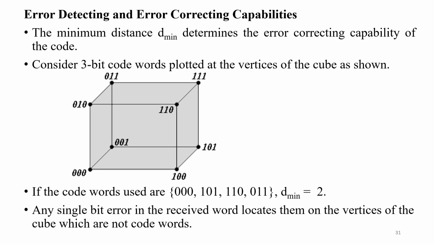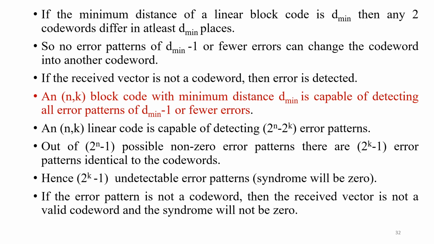Any single bit error in the received word locates it on the vertices of the cube which are not code words. If the minimum distance of a linear block code is d min, then any two code words differ in at least d min places. So no error pattern of d min minus 1 or fewer errors can change the code word into another code word. If the received vector is not a code word, then the error can be detected.